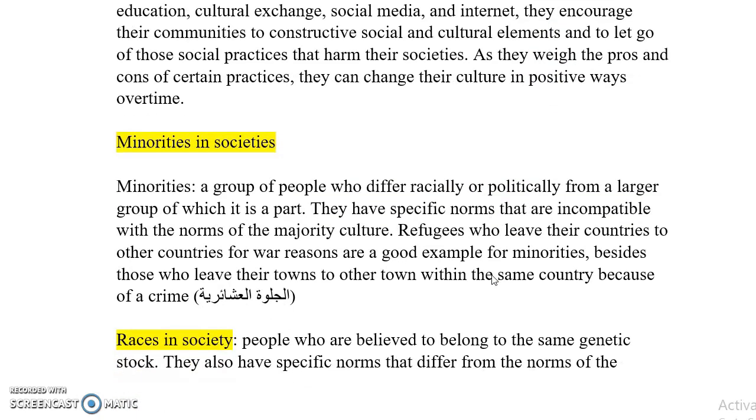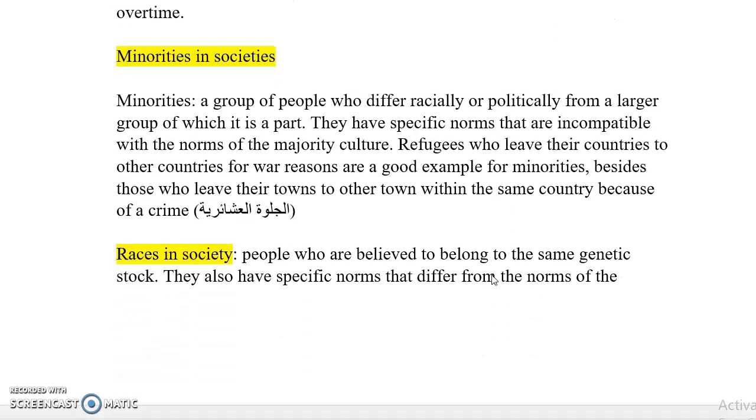It's necessary, when we're talking about the elements of culture, to see what is the meaning of minorities and what is the meaning of races in societies. Minorities simply are a group of people who, because of some reasons, change their countries or travel from their country to another, like when we were talking about refugees.